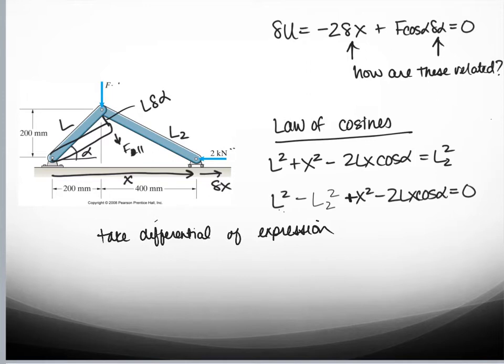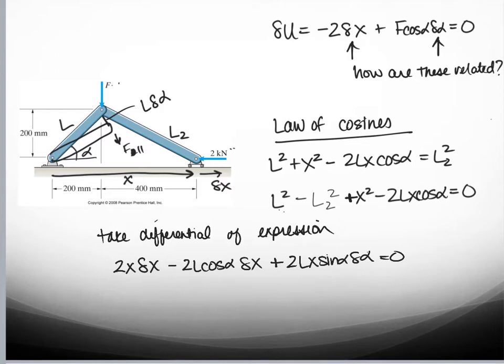Sorry, I made a mistake there with the sign. So the first thing is the x, I get 2x delta x. And then for the next term, I'm going to have to use the product rule. So I get minus 2L cosine of alpha delta x minus 2Lx sine of alpha delta alpha, but it should have been a negative sign, so I changed that to a positive there, okay? Equals 0.